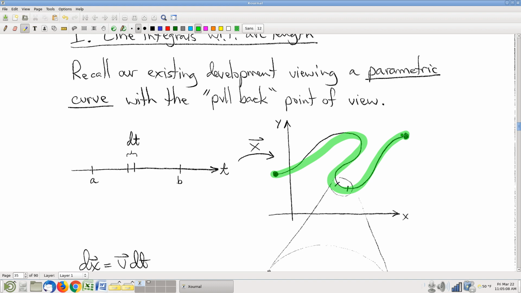Suppose this is a bent wire with a non-constant density. So mass per unit length varies across the wire in some way. Now, how would you compute the total mass? Well, chop it up, add it up. But this isn't a double integral because we're not talking about areas. And it's not a Calc 1 single variable integral because the domain itself is sitting in 2 dimensions.